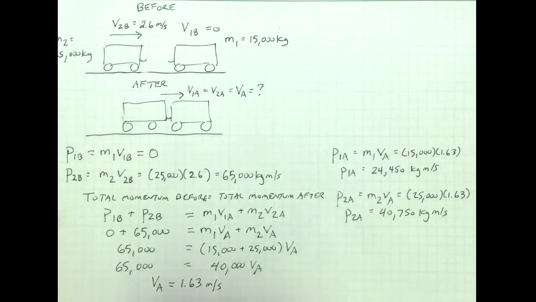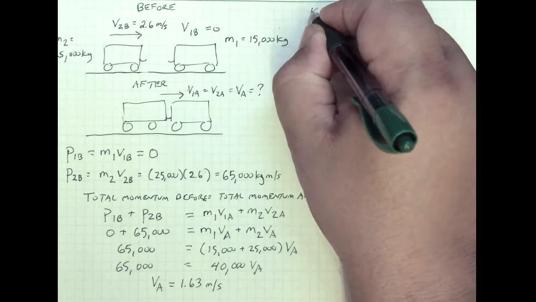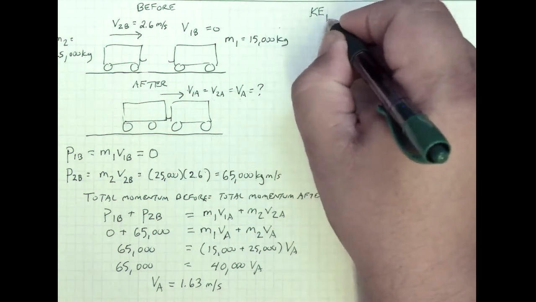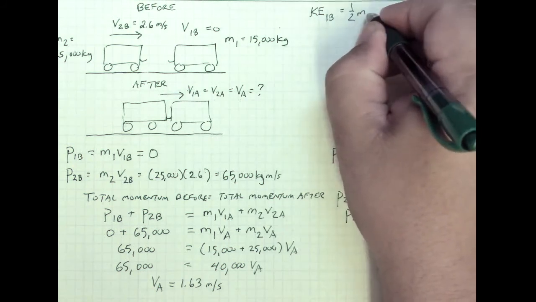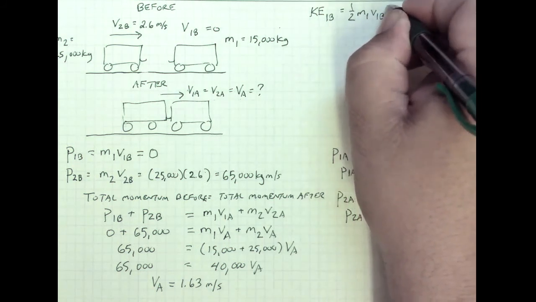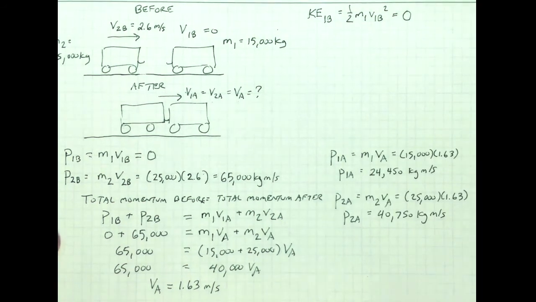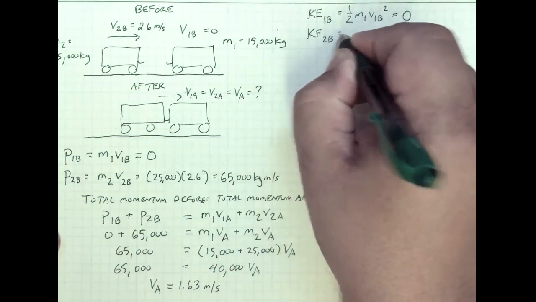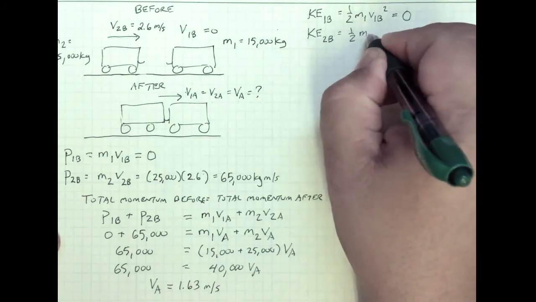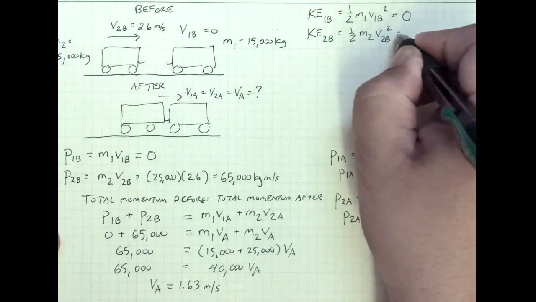Now we move on to the final part, which is to compare kinetic energies. So we first look at the kinetic energy of object 1 before. That will be 1/2 times the mass of object 1 times the velocity of object 1 before. But again, since object 1 is stationary, that kinetic energy will be 0. For object 2, the kinetic energy before is going to be 1/2 times the mass of number 2 times the velocity of number 2 before squared.